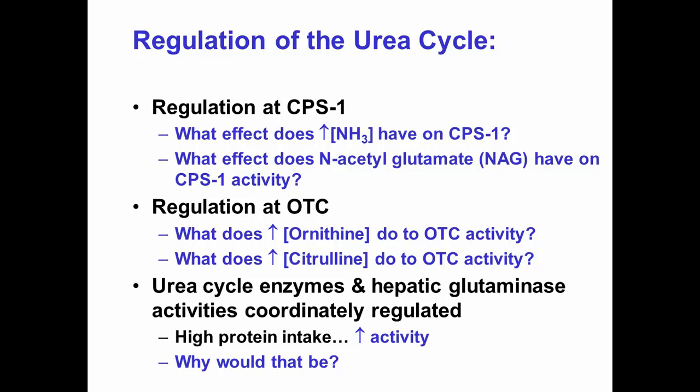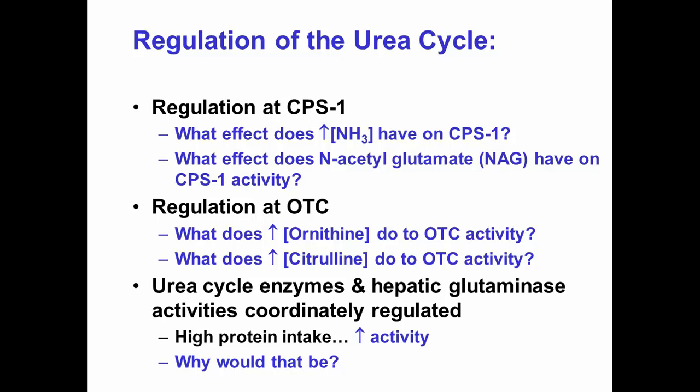What effect would you guess a high ammonia concentration will have on CPS1, carbamyl phosphate synthetase 1, which is the first enzyme, first step in the urea synthetic pathway? What do you think? It's going to increase, right? So we've got substrate activation there, right? The more the ammonia available, the more that's going to push that CPS1 activity. So that's definitely true.